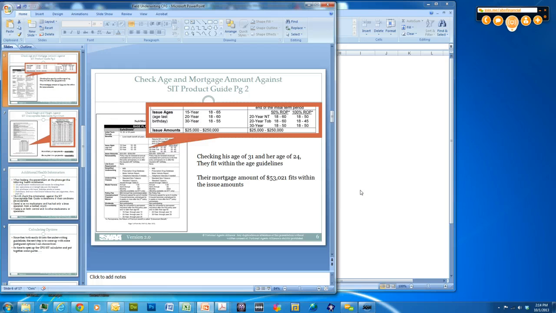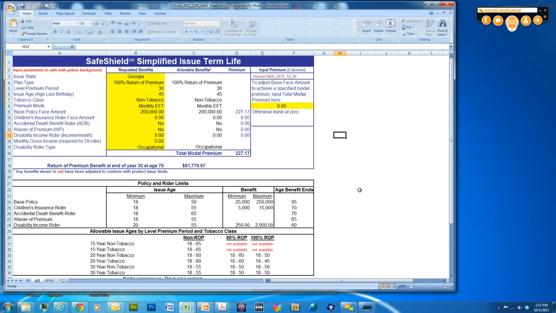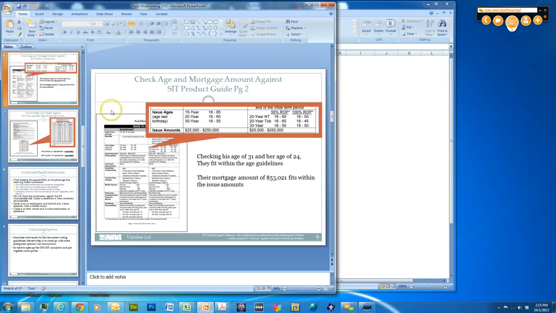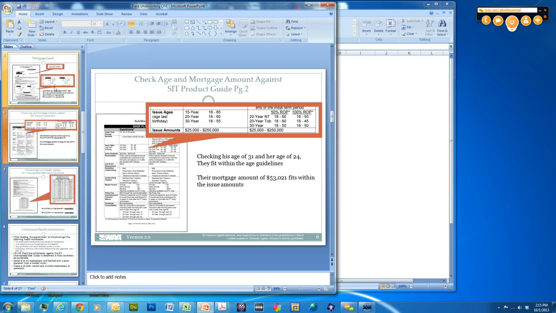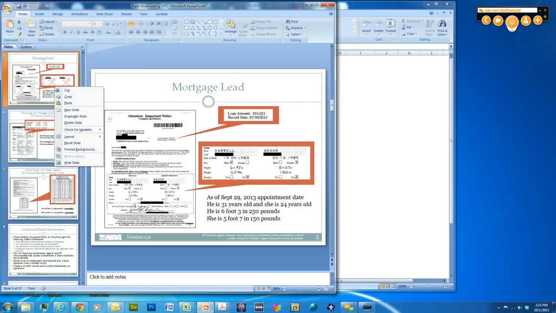Yeah, okay, he's 31 and she's 24. So what I do is I turn my lead over, and then I've got to take down the mortgage amount, which is 53,021. So I'll just put it down as an even 53,000.